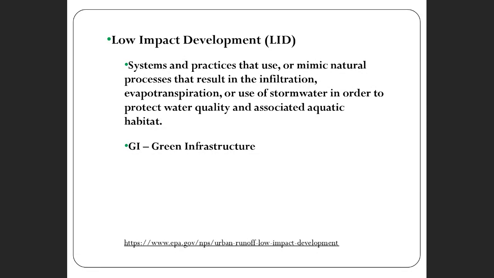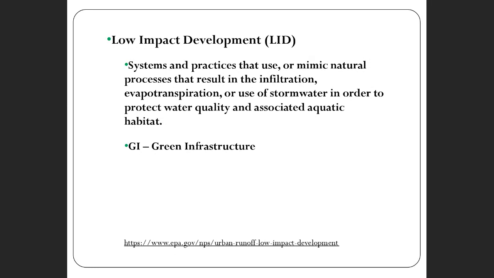Two terms that you might see in this context: LID, or low impact development. It may also sometimes be referred to as green infrastructure, but low impact development would be systems and practices that use or mimic natural processes that result in the infiltration, evapotranspiration, or use of stormwater in order to protect water quality and associated aquatic habitat.